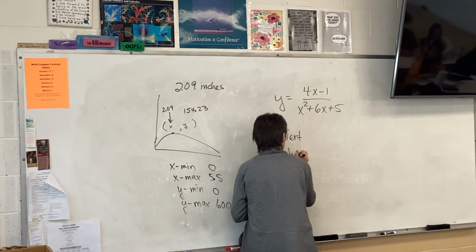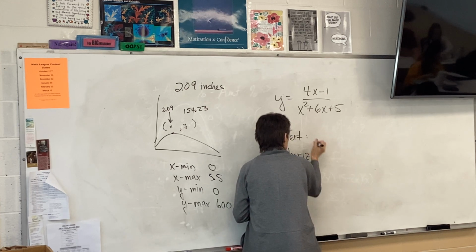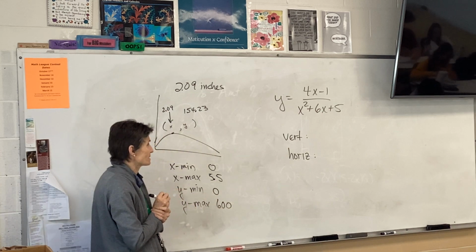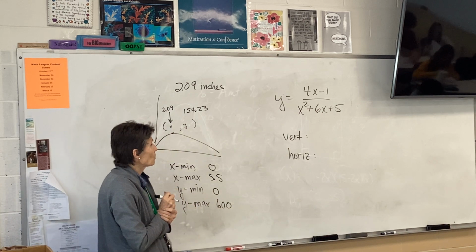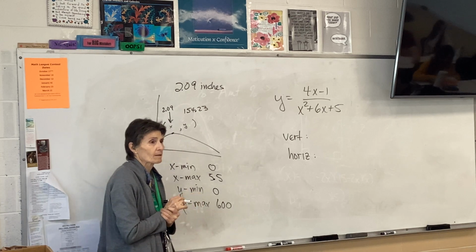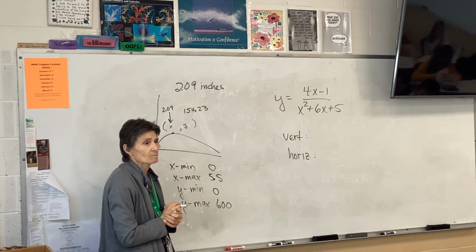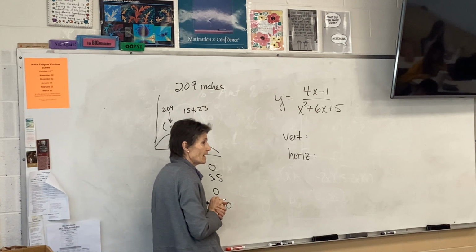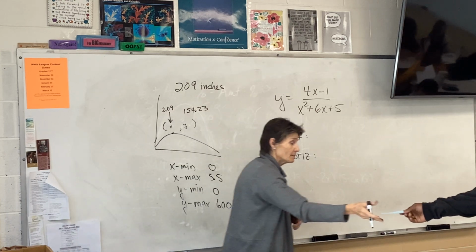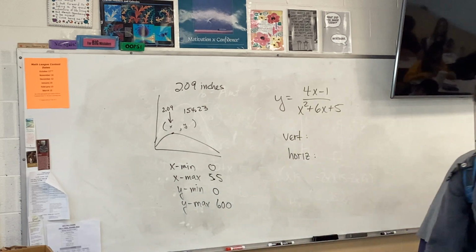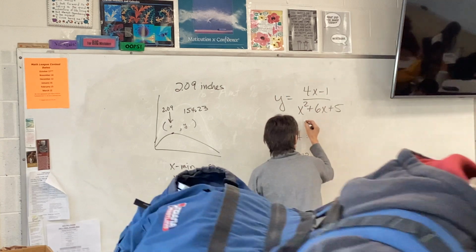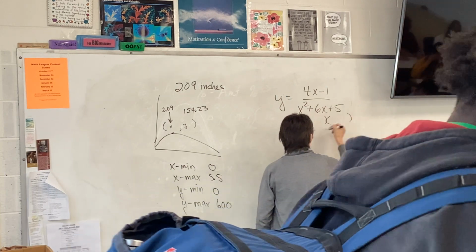So when it says find all of them, it means find the vertical asymptotes and the horizontal asymptote. All right, so what do you remember about this? Anything? Can we factor it? Josh is my factoring guy. He loves to factor, he's good at it, and he's right. It factors. How does it factor, Josh?